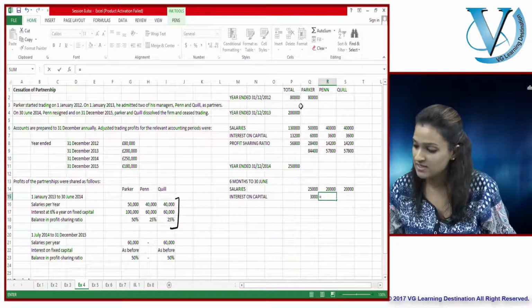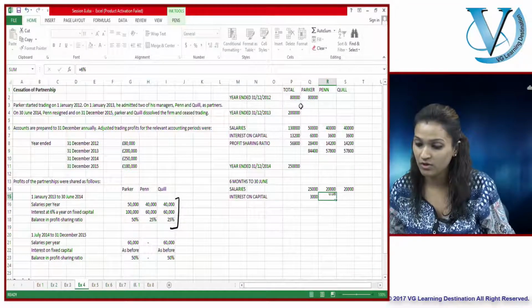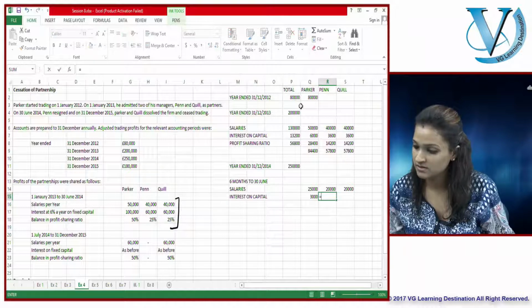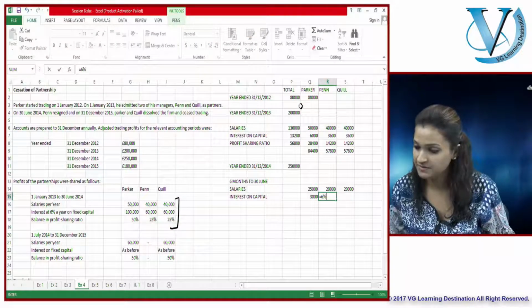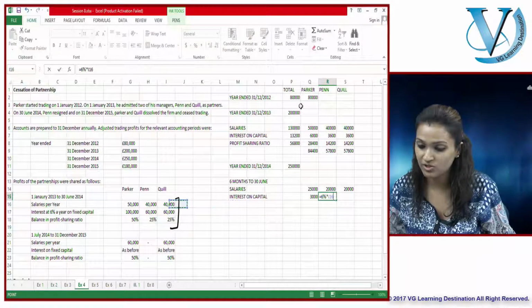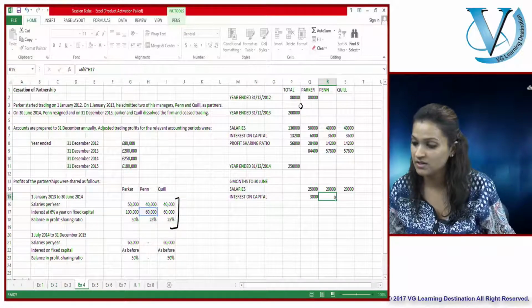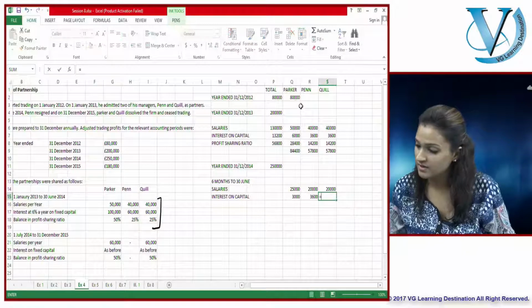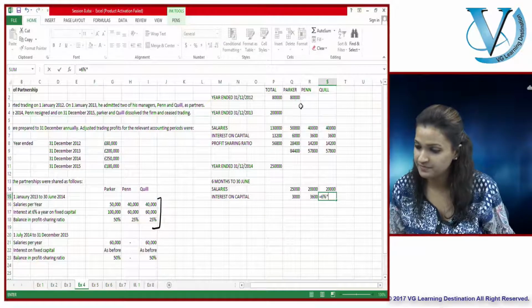Similarly, we have 6% on the capital, which is 60,000 pounds here, and we have 6%.